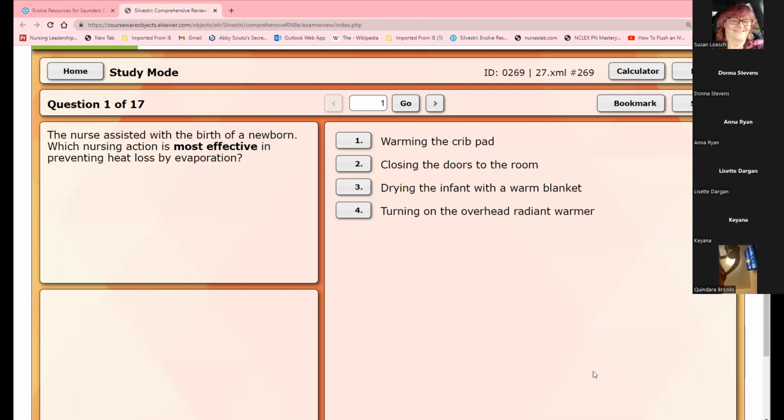Before I would even try to answer this question, I would think of what types of ways heat is lost. By evaporation. And we just talked about one of them, right? Which is what? Think about science class. What is evaporation? So would it be drying it?